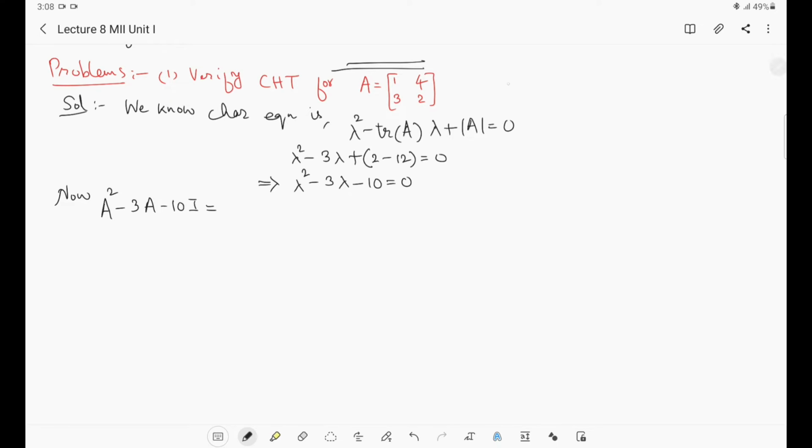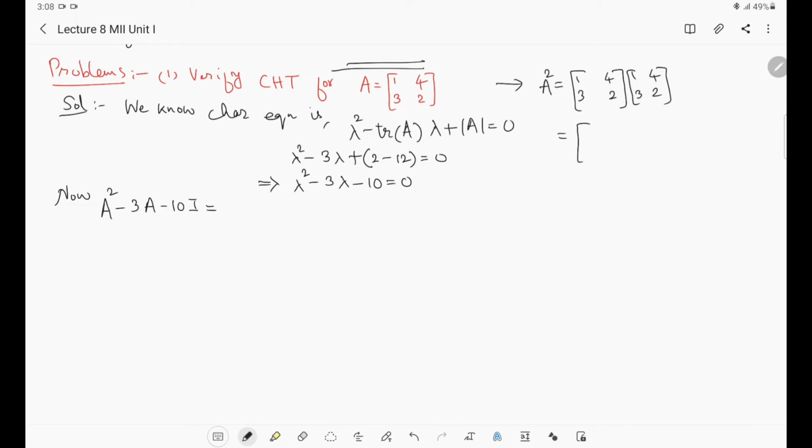What is A square? Already A is given in the question. A square is nothing but A into A, which is 1 4 3 2 and 1 4 3 2. So multiply these two matrices.